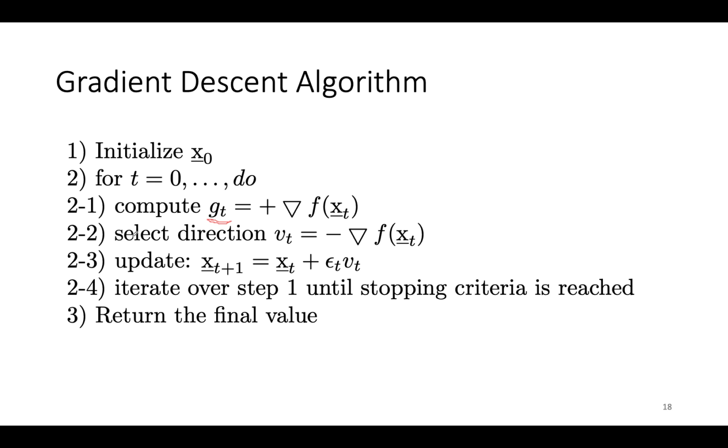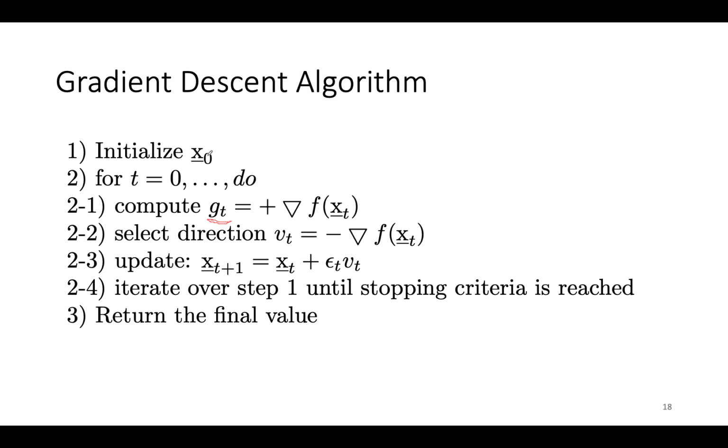And then we find a direction using that gradient. This is going to be the minus of that gradient. This is going to show us the vector of direction. So we call it here v.